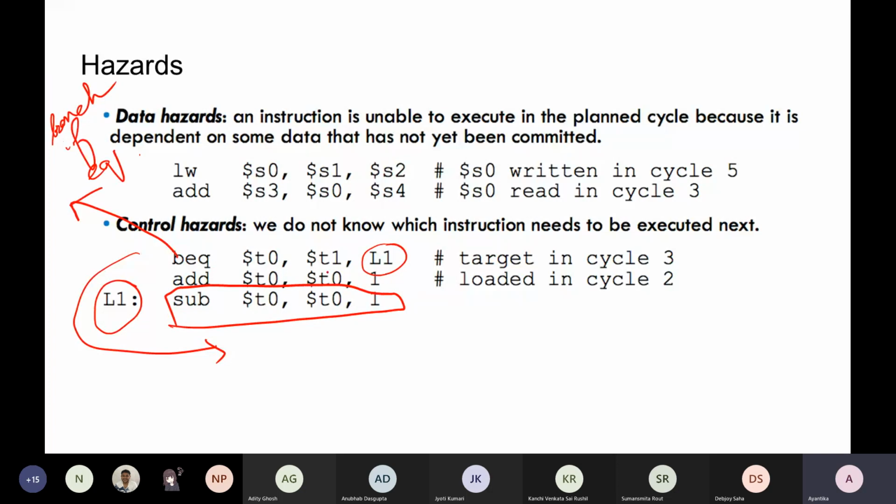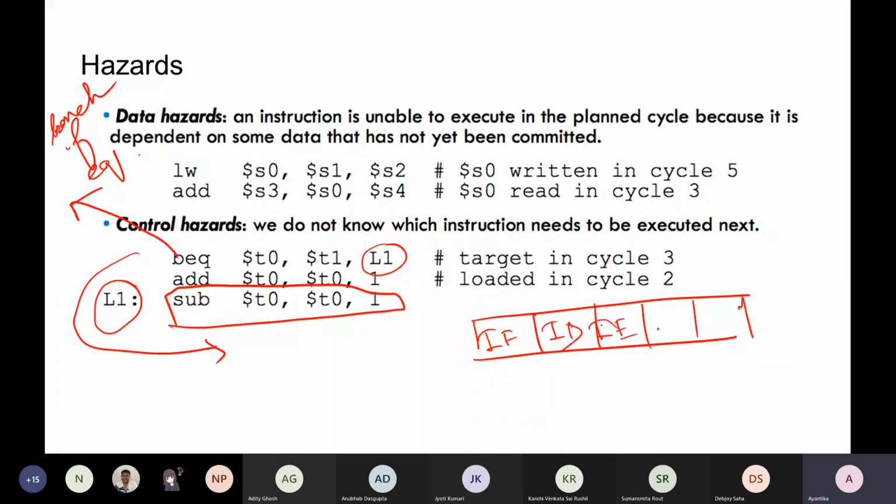If you are executing this instruction separately, this is fine. You are first checking this equality, and then if it is 0, you are doing something. If it is 1, you are doing something else. But the problem is when you are feeding them to your pipeline. So it is something like this: 1, 2, 3, 4, 5. Again, instruction fetch, decode, execute, and then memory and register write back.